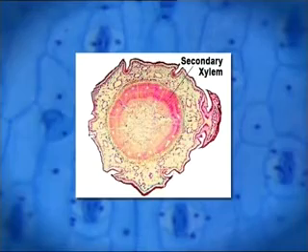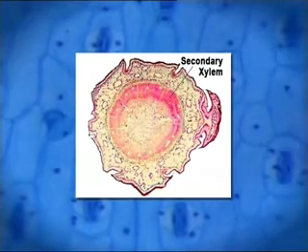If the plant is of such a nature that after the completion of the primary growth, it forms secondary tissues through the activity of the vascular cambium, the xylem produced by this meristem is called the secondary xylem.